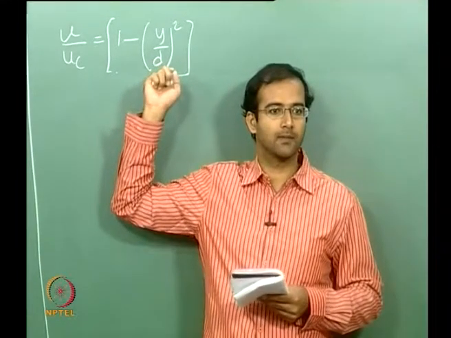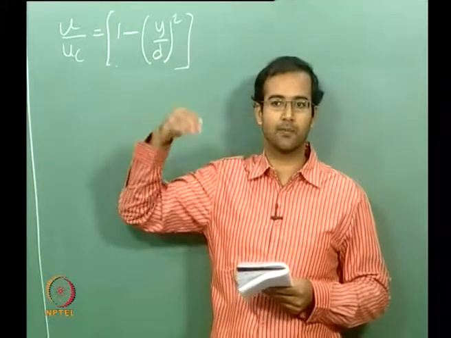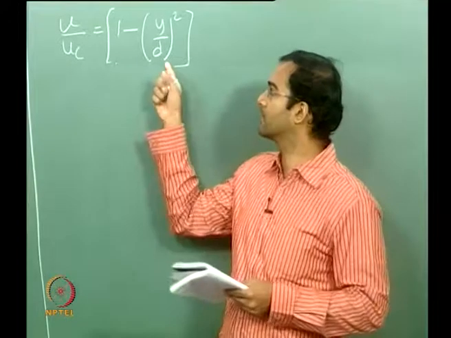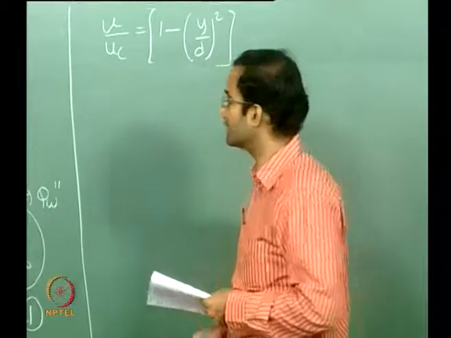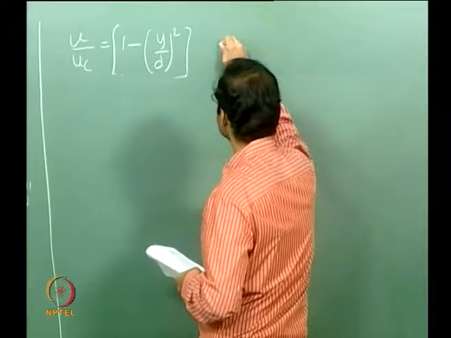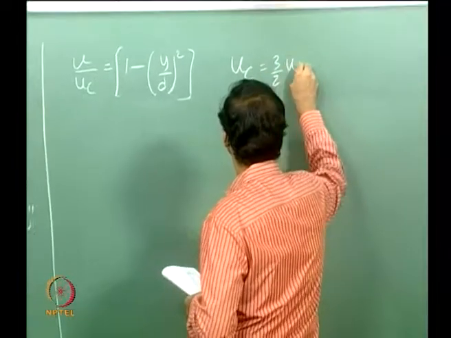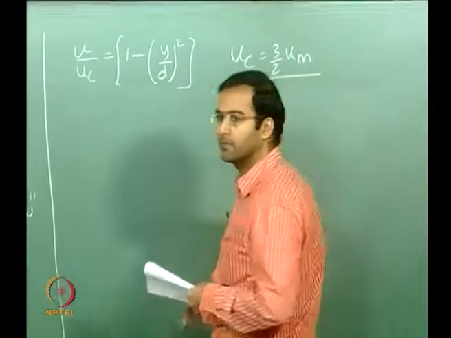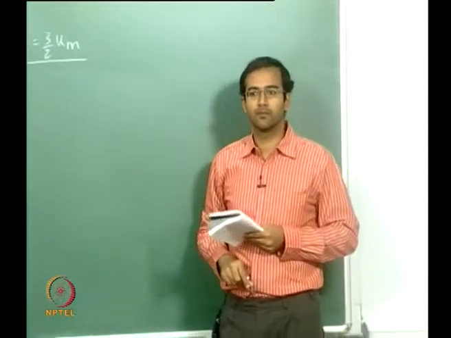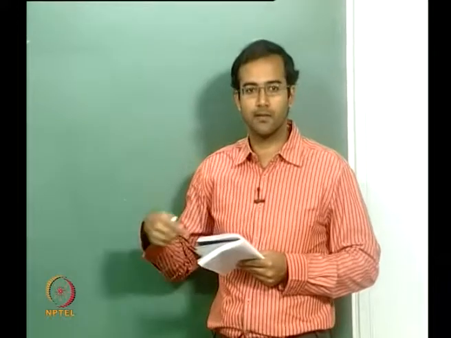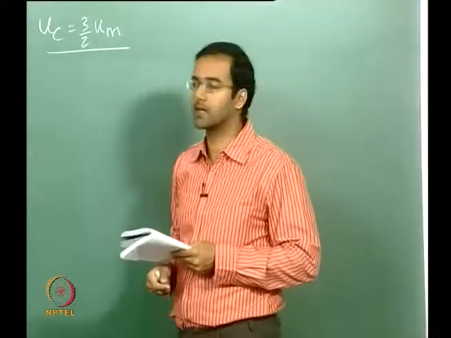So instead of r naught you will now have the half separation distance d in the denominator, and this is your centerline velocity. In your channel case uc is basically 3 by 2 times the mean velocity, whereas in your circular duct uc was twice. I have not derived it in class, but I think you have already done this in fluid mechanics and you should be able to recollect.